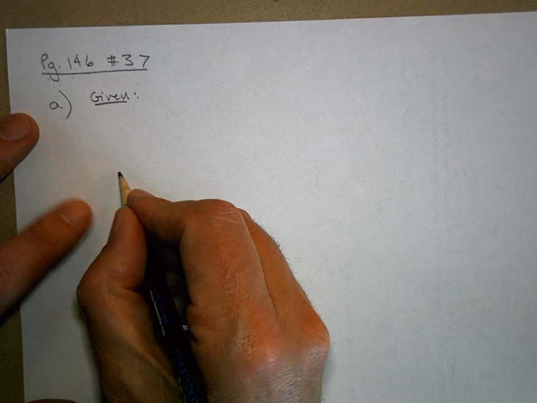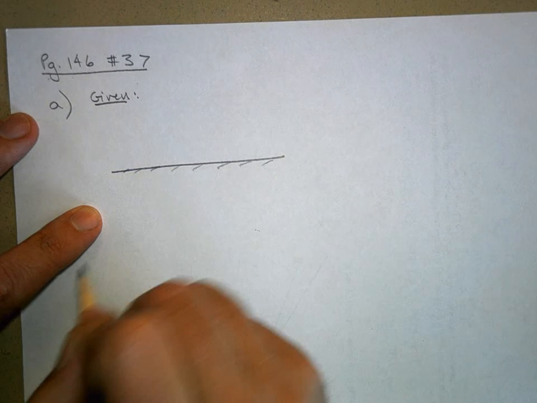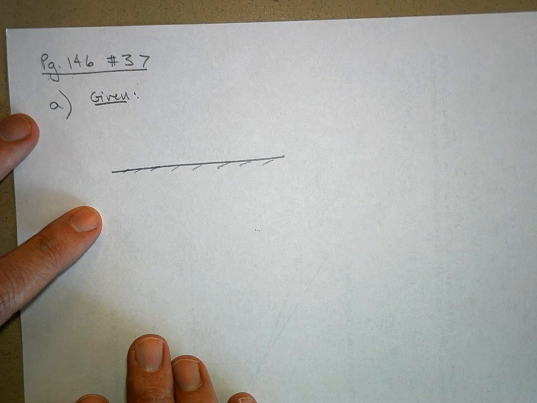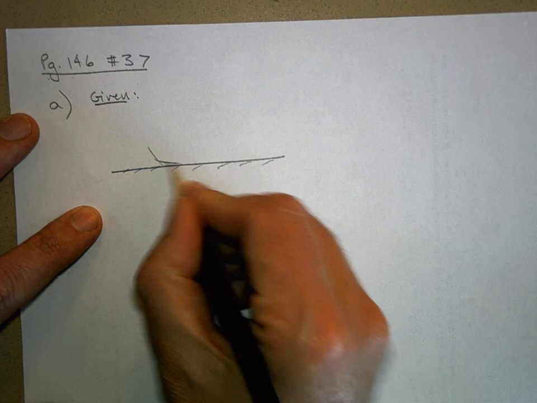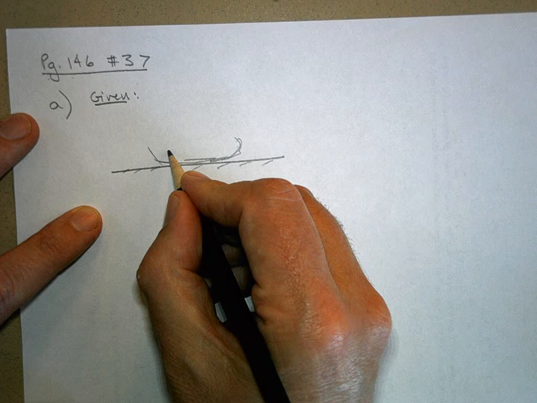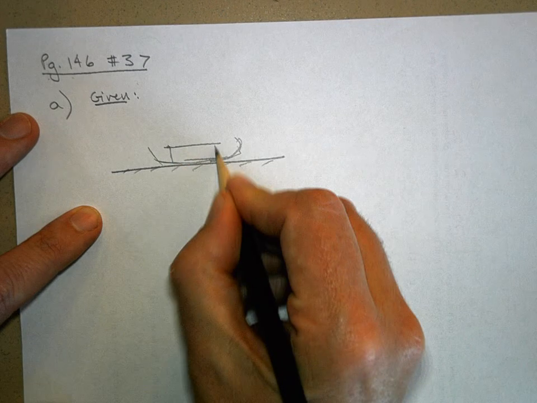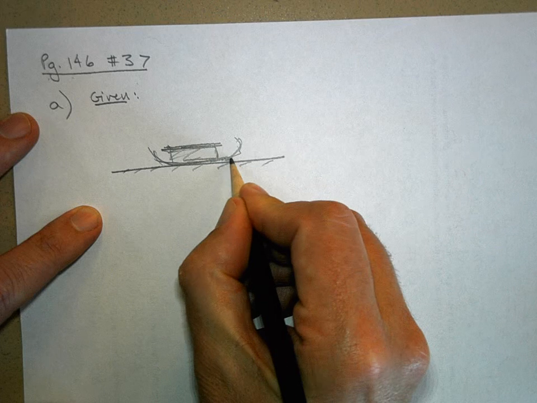Let's write down what's given. Here's the snow-covered ground, and here's our sled. So let's draw a sled on here. I just draw sleds as I remember them. There's a place where you sit. Here are the runners.